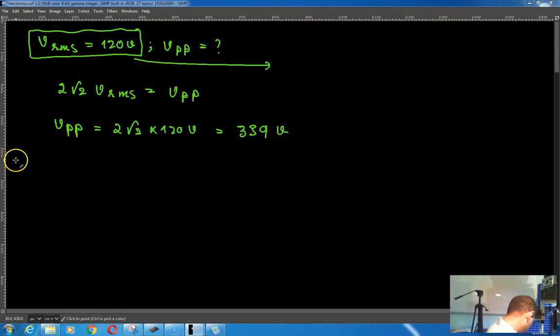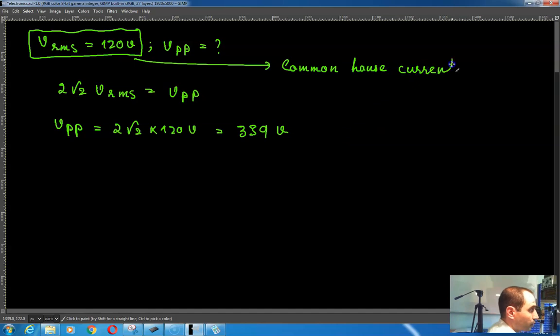So this is the common house current supply voltage.